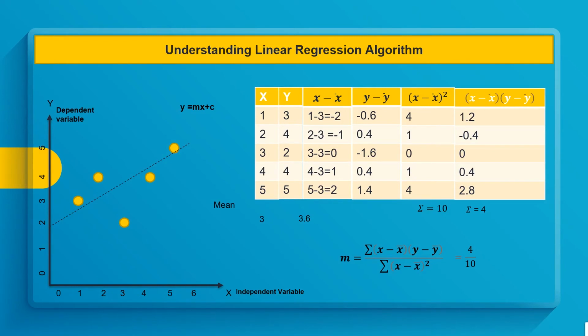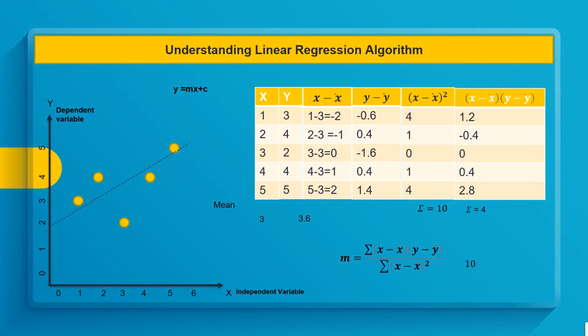So let's put this value of m equal 0.4 in our line y equal mx plus c. So let's put all the points into the equation and find the value of c.